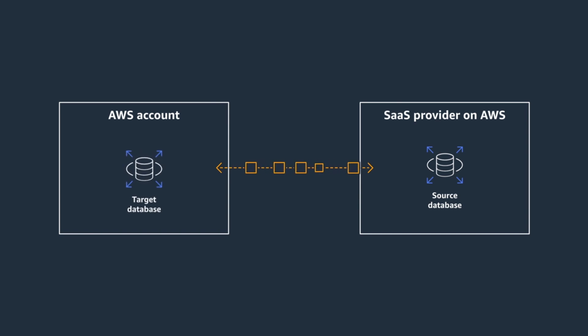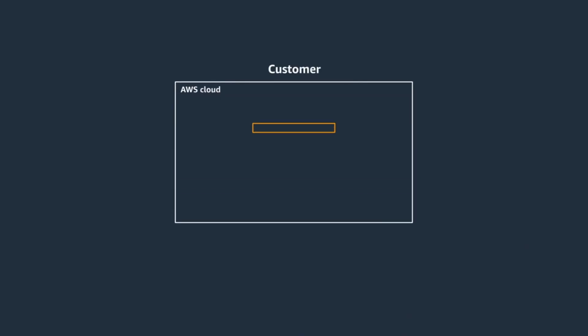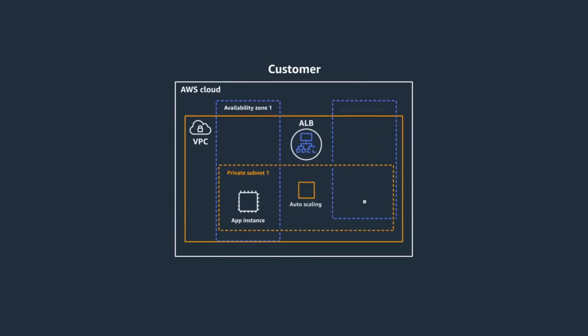So as you can imagine now, it becomes more challenging to implement a secure and scalable pattern for all of these use cases. In this episode, we are going to walk you through the steps for setting up a secure and scalable pattern for database replication between two AWS accounts. In our example, we have a consumer web application running in a private VPC across two AZs.